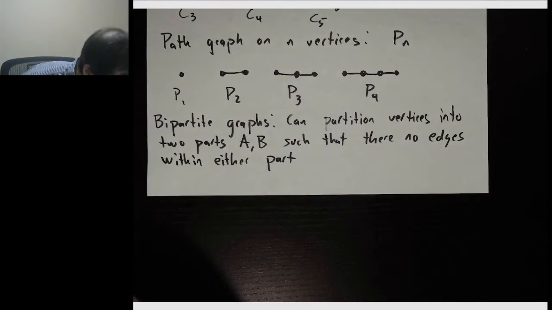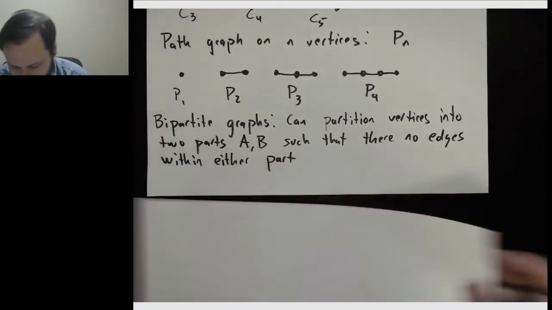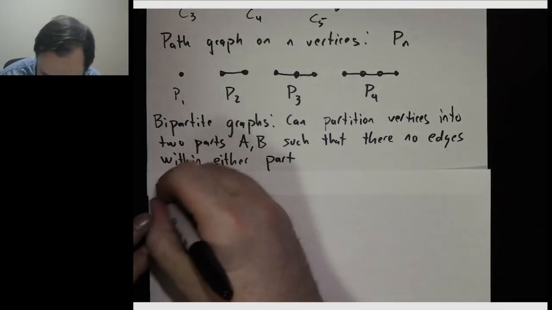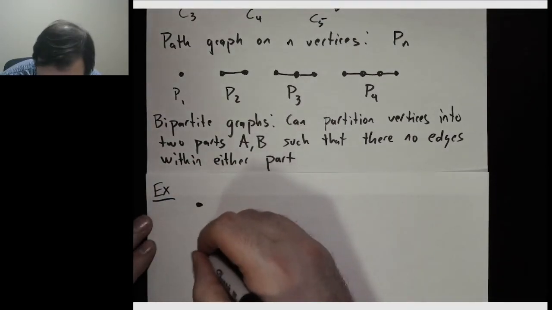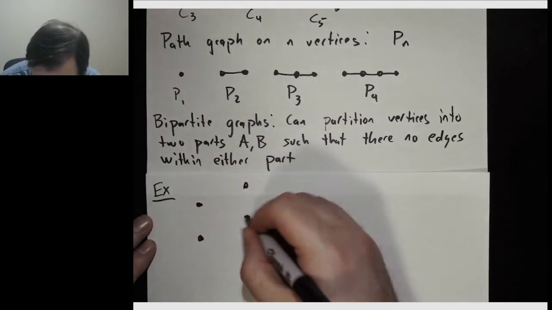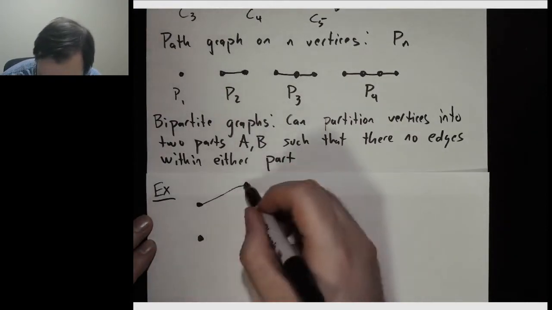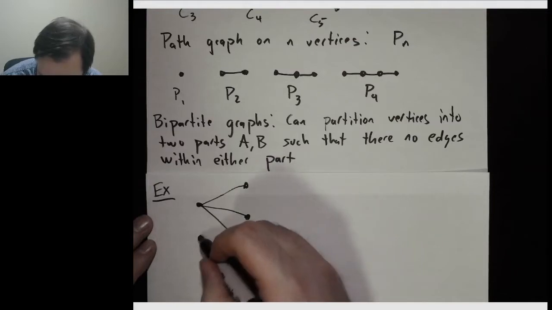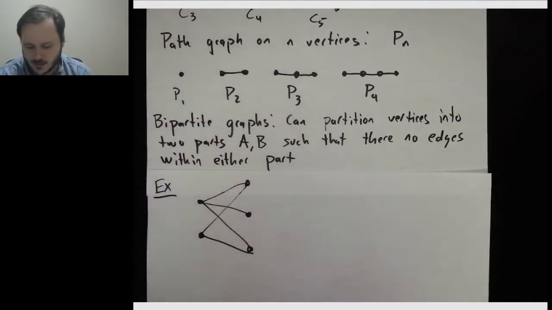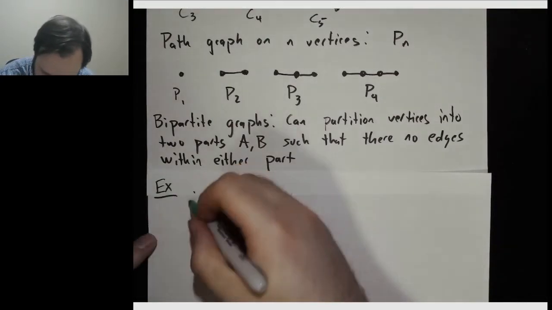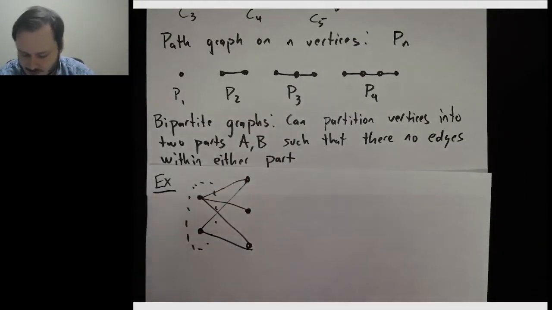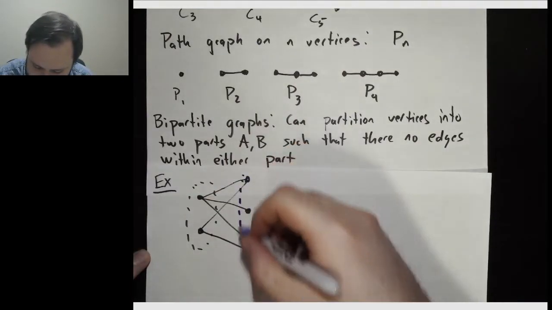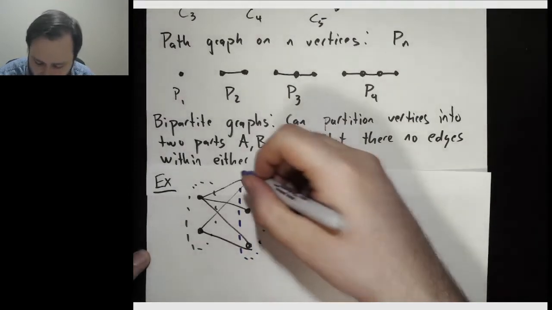So let's look at an example. If I draw this graph, if I make my 2 parts this and this, there are no edges in between vertices in one part.